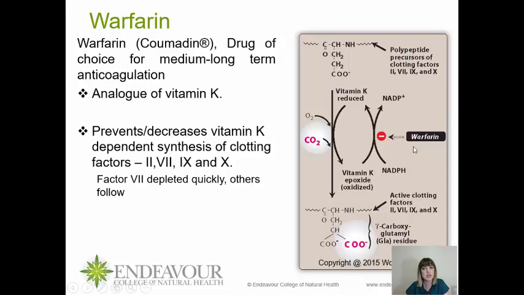What warfarin does is stop you recycling the vitamin K. It's a very similar compound to vitamin K, an analogue of vitamin K, and sometimes people refer to it as a vitamin K antagonist, because what it does is block the enzyme that normally recycles the vitamin K into the useful form.